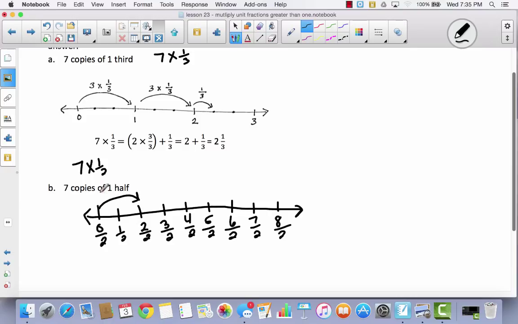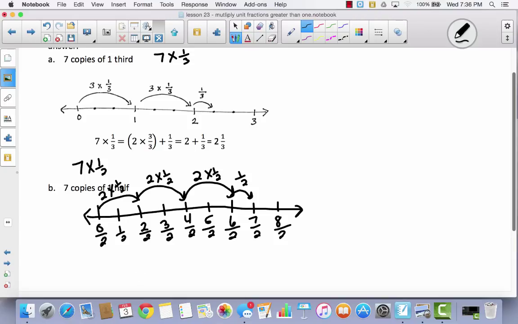So I've got 2 times 1/2. There's 2. I'm going to do 2 more. 2 times 1/2. That's 2, 4. Now I'm going to do 2 more. 2 times 1/2. That's 2, 4, 6. Now I can't do 2 more, so I'm just going to do 1 more half.